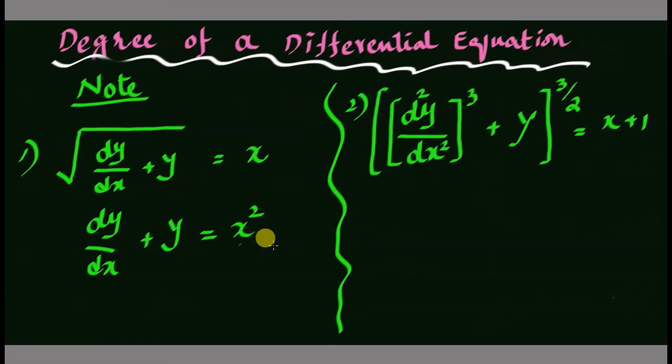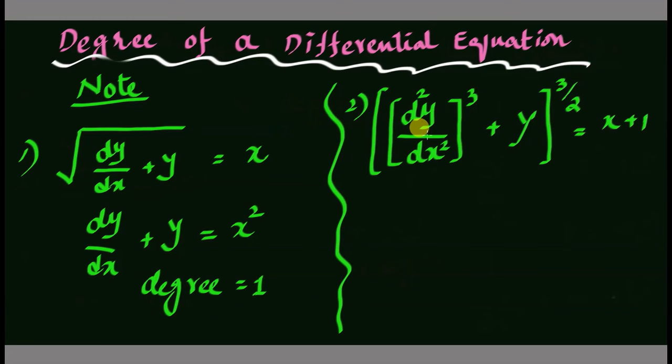Now, it is very easy to find the degree, because dy over dx is the only first order differential coefficient present in the equation, and it is the highest order derivative in the equation also. So, the power of this highest order derivative is 1. So, that is why the degree of this differential equation will be 1.